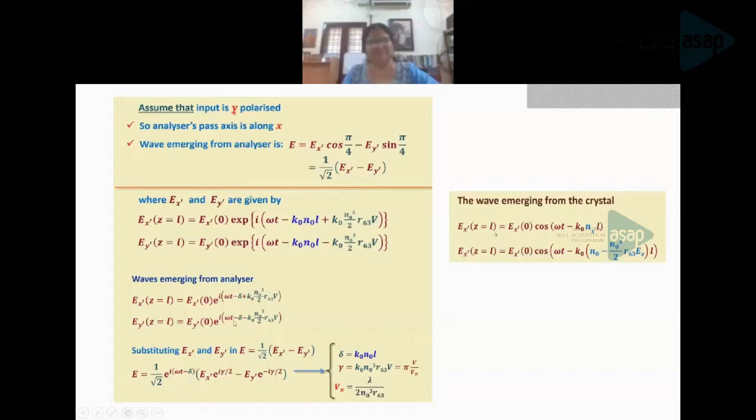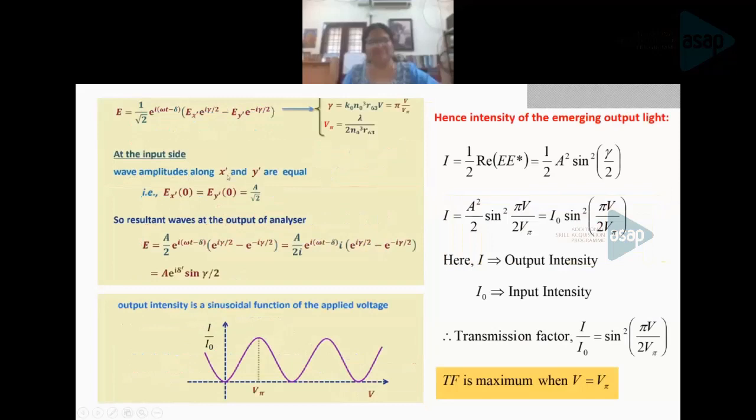Here, we have taken the constant part, omega t minus delta, outside. So the remaining terms are here. Now this term is gamma, K0 N0 cube, so we are writing it as gamma. Now, in this equation, on the input side, the amplitudes are along the X prime and Y prime directions, and they are of equal magnitude.